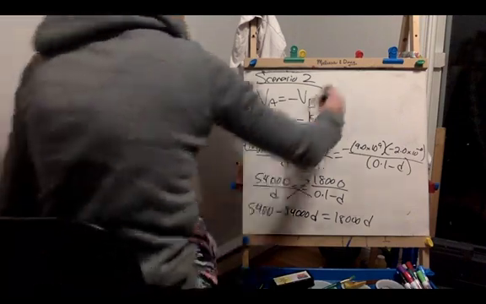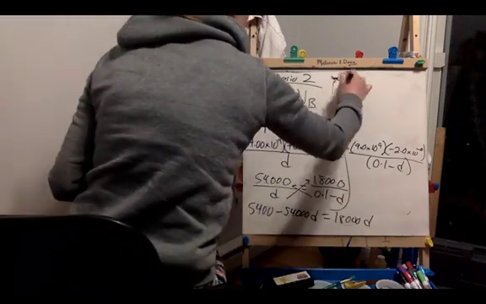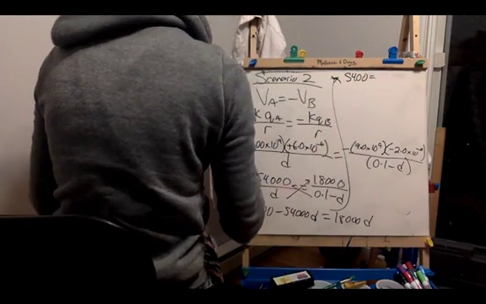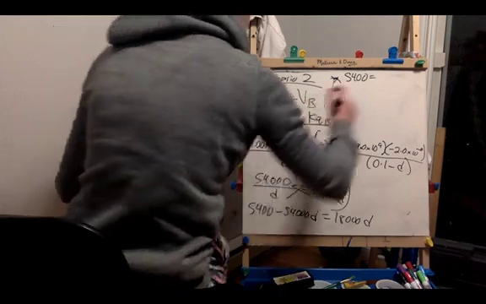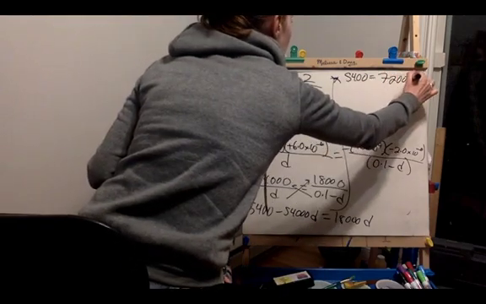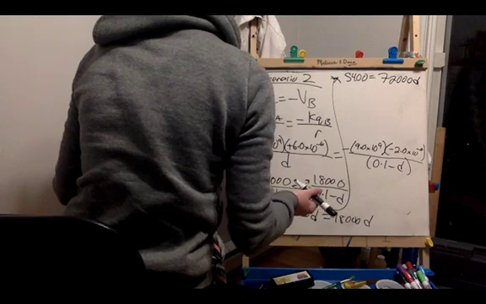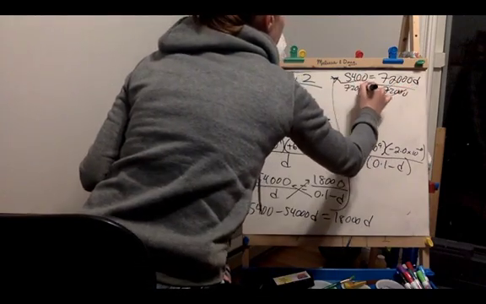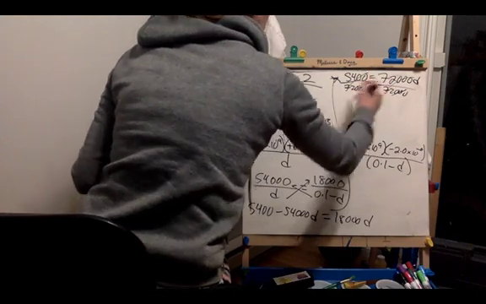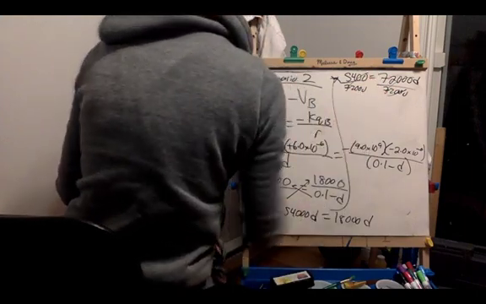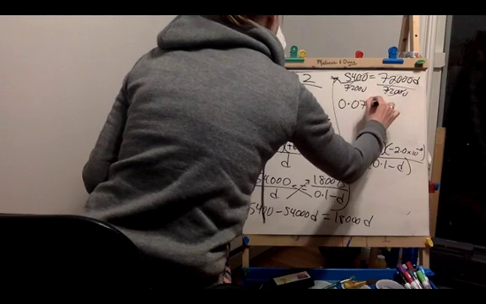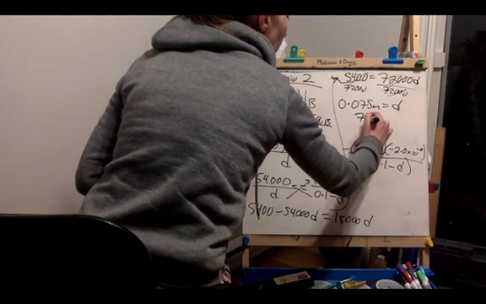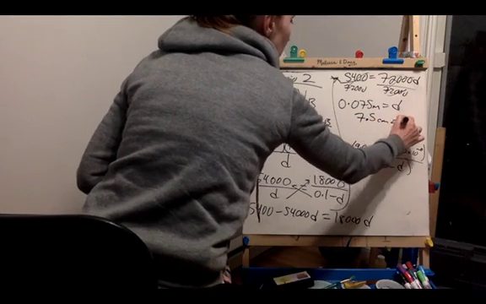What you get then is 5,400 is equal to 72,000 D. Divide both sides by 72,000. Oh, that doesn't cancel. But you end up getting a value there of 0.075 meters is equal to D, which is the same as 7.5 centimeters.